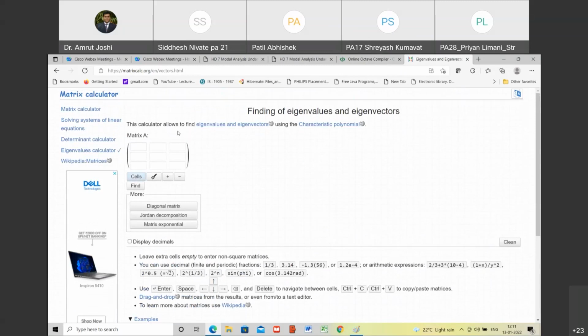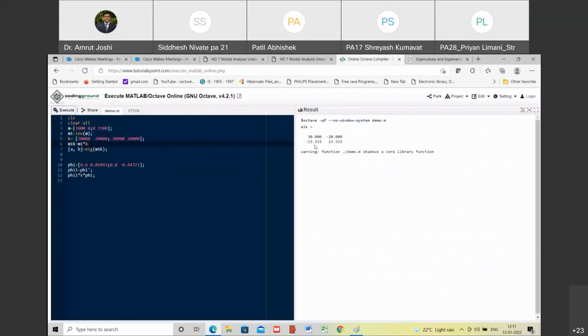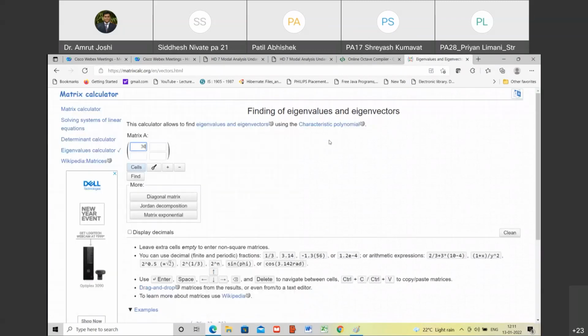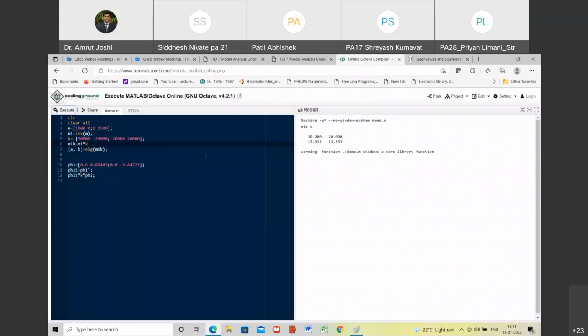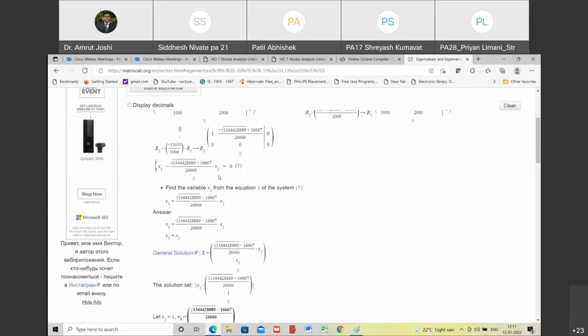Why does it not ask me the dimension? Okay. So what is the value? 30, minus 20. Then you have minus 13.333, and positive 13.333. Okay, fine.